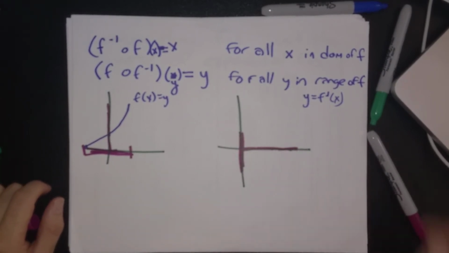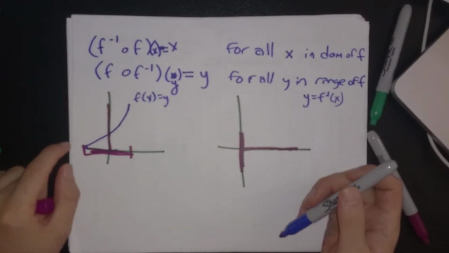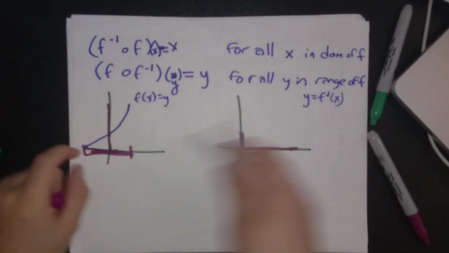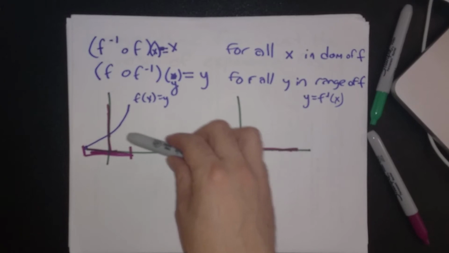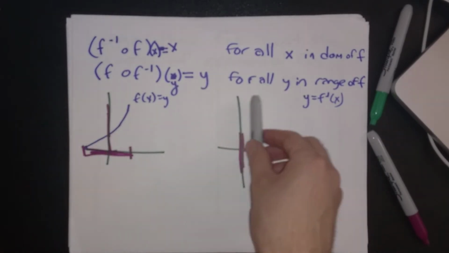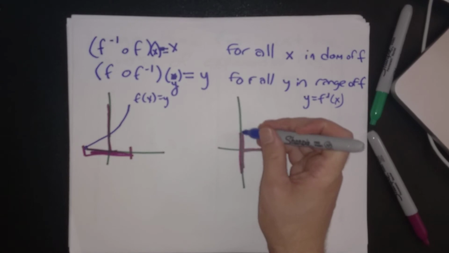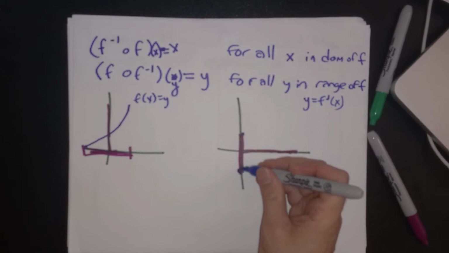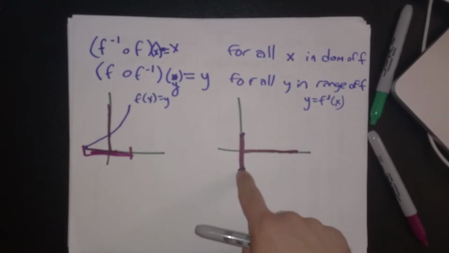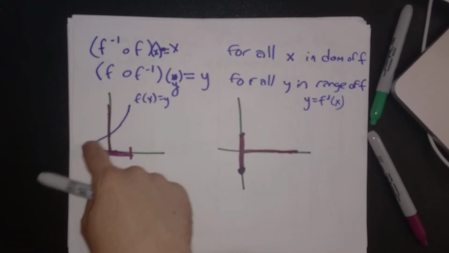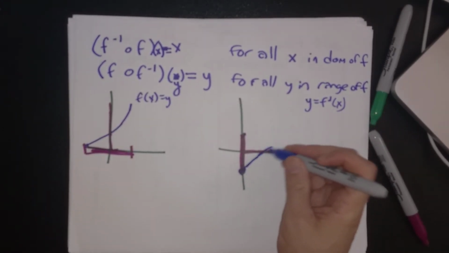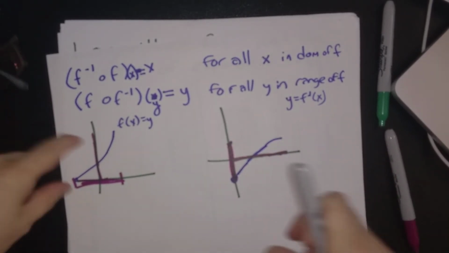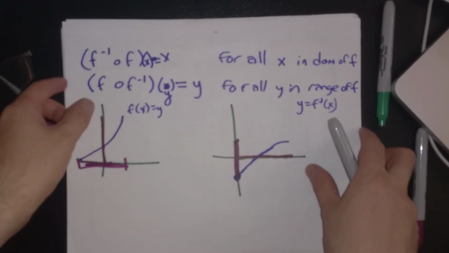If we think a little about what's going on at this point right here, it corresponds to the smallest possible value of our range over here. And so it should correspond to the smallest possible value down here, and then it's going to be increasing like this.